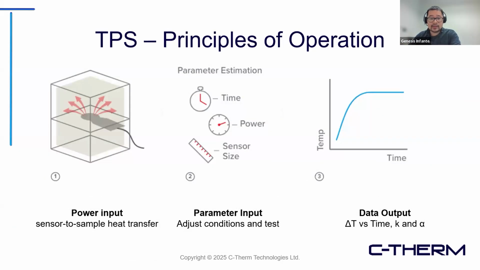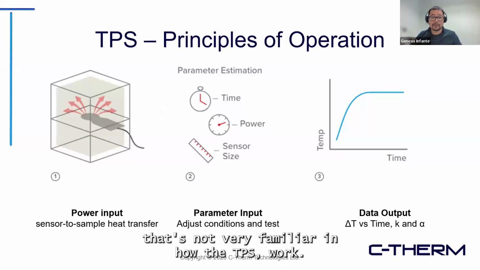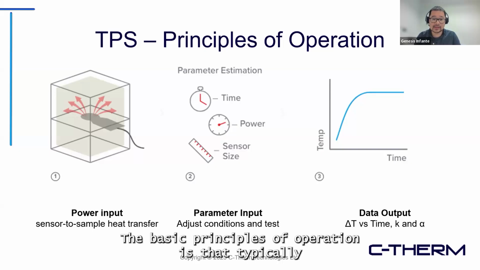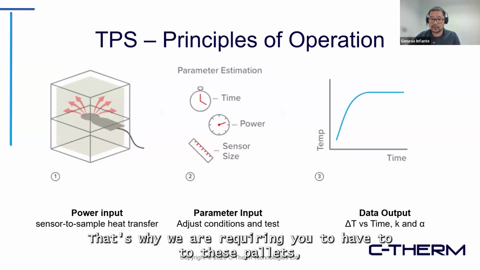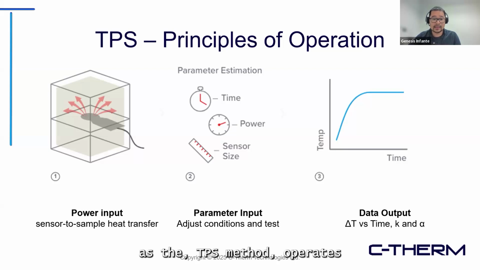So for everyone that's not very familiar with how the TPS works, the basic principle of operation is that typically the sensor is sandwiched between two pieces of the sample. That's why we require you to have two of these pellets, as the TPS method operates under a symmetry assumption.